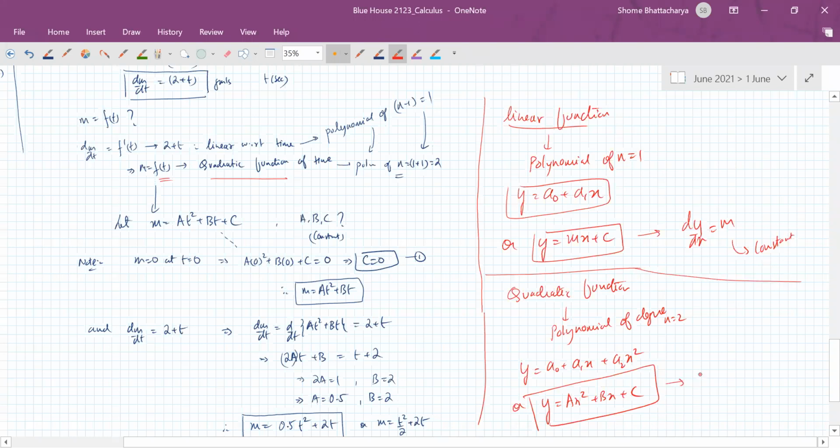Okay. Whereas if you have a quadratic function, its derivative like this one over here is becoming 2ax plus b. Now the 2a is a constant. So this is which type of function now? This is linear.